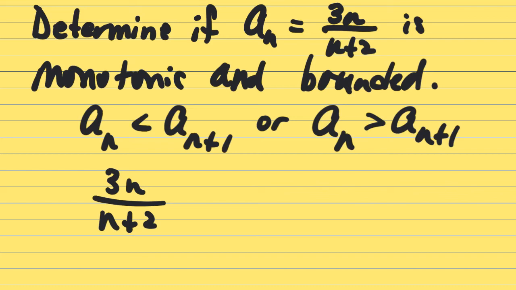I'm not going to put an inequality symbol on it yet because I don't know which way it's going to go. You could write out a list of A1, A2, A3, and that may actually be a better approach. The inequality statements, like one of those two, either the left or the right, is kind of a more official way to look at it. I'm going to replace the n's with n plus 1.